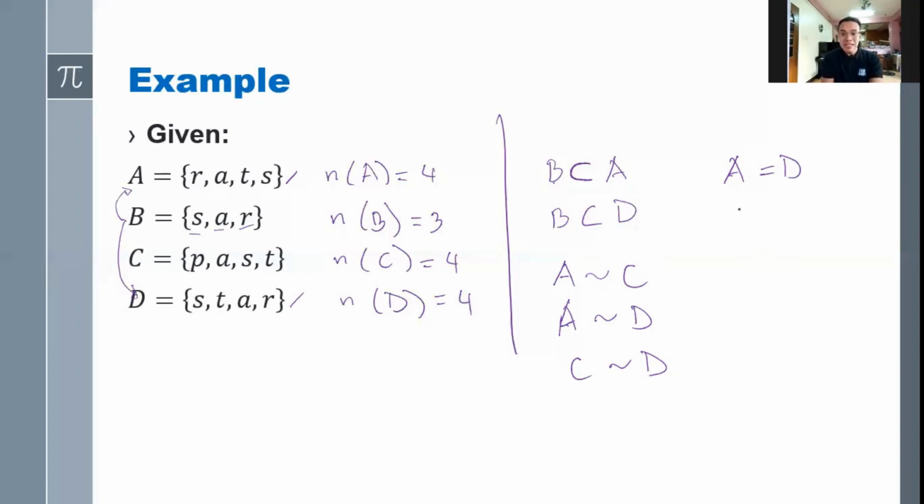And set A is a subset of set D because every element in set A is also an element in set D. What kind of subset? Improper subset. Because these two sets are equal.